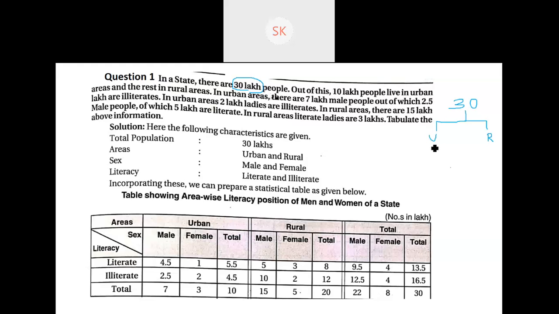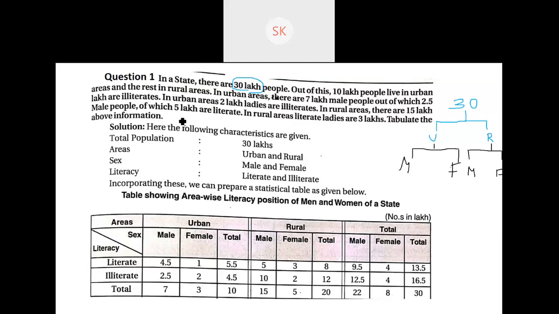So one classification is male and female. Now, if you see the rural area also, again the classification is male, female. So, this is the second stage of classification.